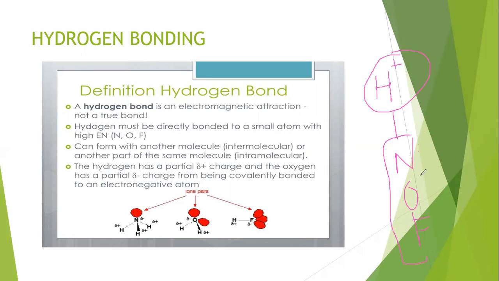Nitrogen has one lone pair, oxygen has two lone pairs, as we know. So due to the lone pairs and high electronegativity, these atoms make hydrogen bonds with the hydrogen atom. We are going to see the examples one by one.